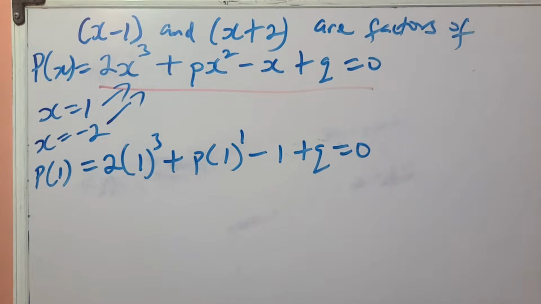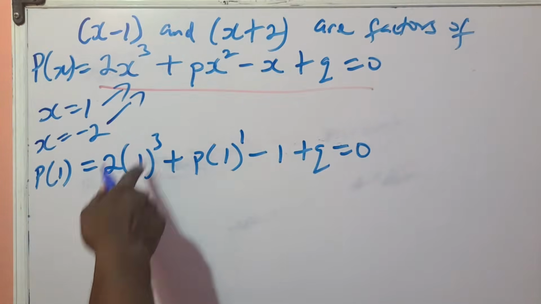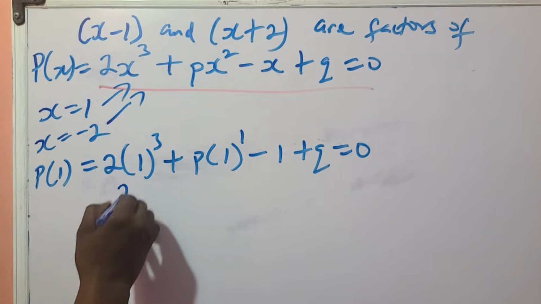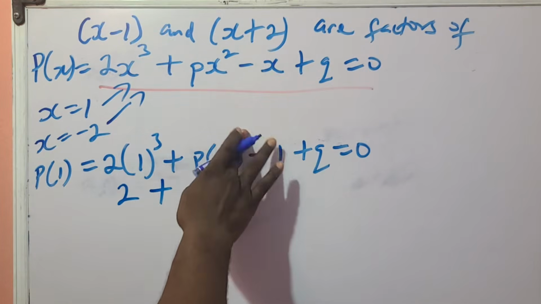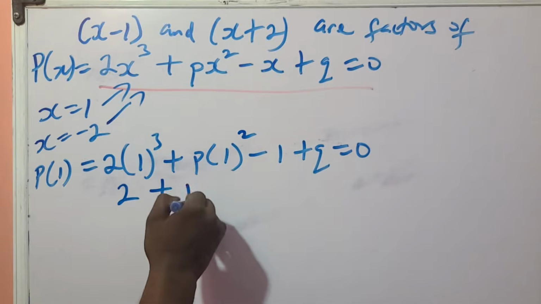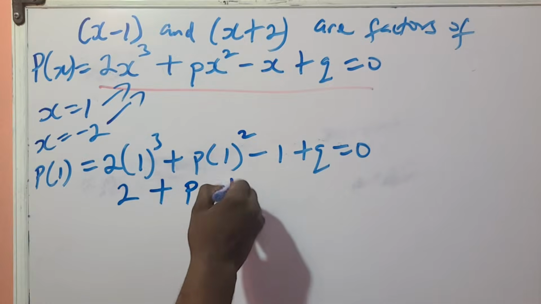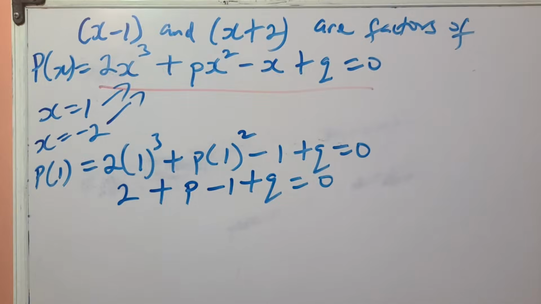All right. So let's try and solve this particular expression. This is 1 cubed. That will be 1. This will give me 2 plus 1 raised to power 1. Sorry, this was supposed to be raised to power 2. So 1 raised to power 2 is also 1. That will be plus p. This is minus 1 plus q equals to 0. All right.